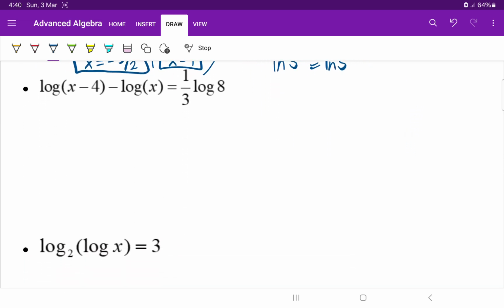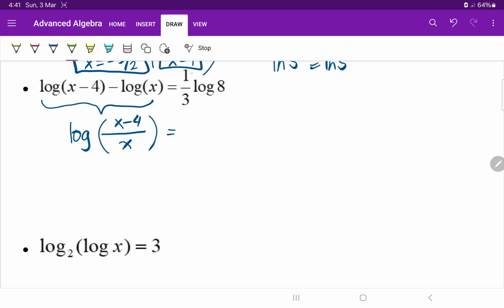Next. We have here log of x minus 4 minus log of x is equal to 1/3 log 8. So we can combine the left side. By quotient rule, this becomes log of x minus 4 divided by x. And in the right side, I can use power rule to make this log of 8 raised to 1/3.